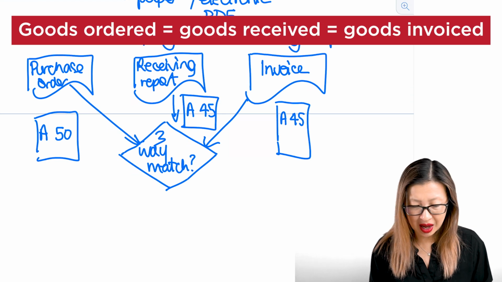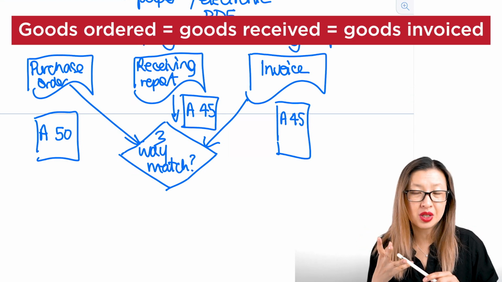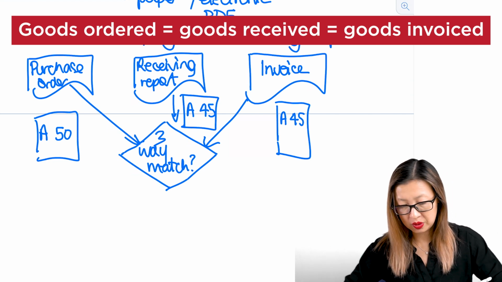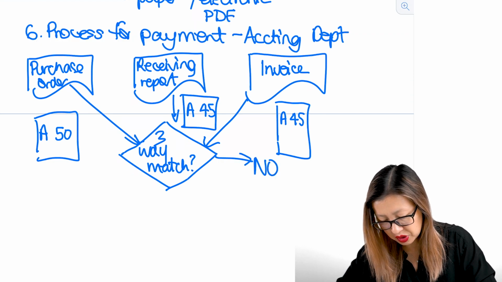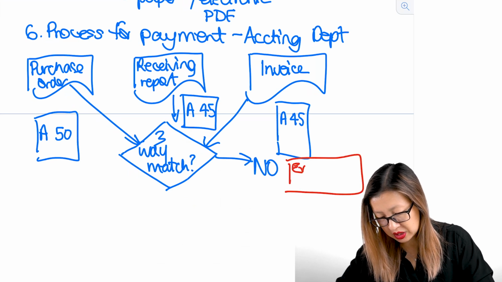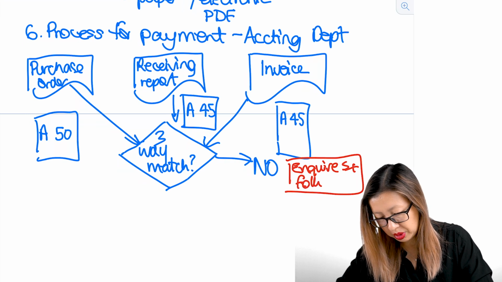So the 3-way match is about trying to make sure that the goods we ordered are the goods that we received and the goods that we were billed for. And if it doesn't match, so if there's a no, then what we're going to need to do is make some inquiries and follow up.